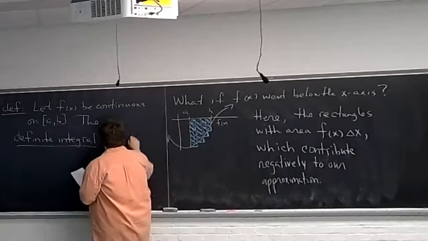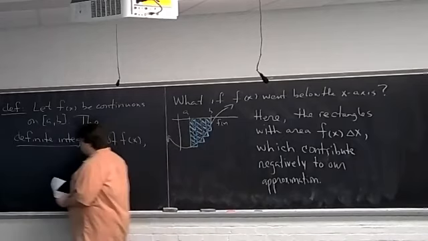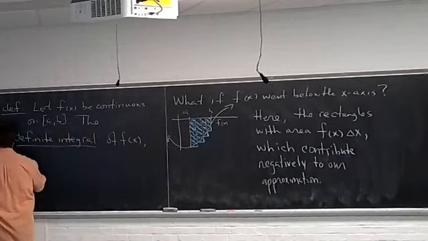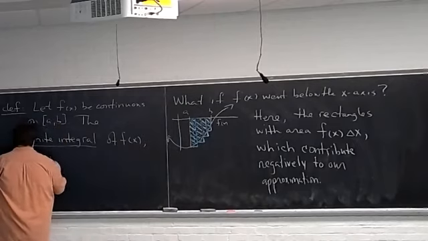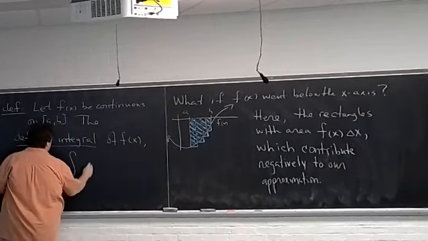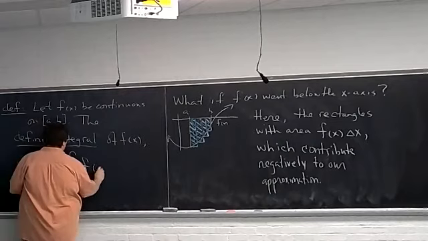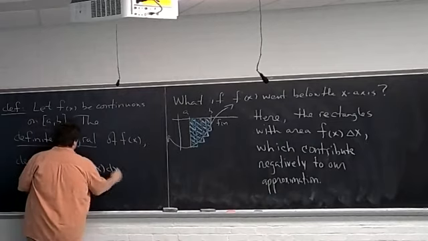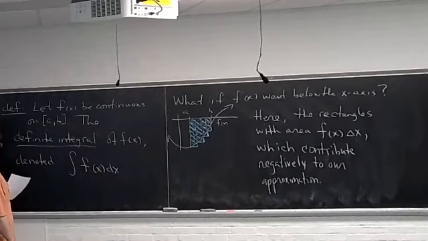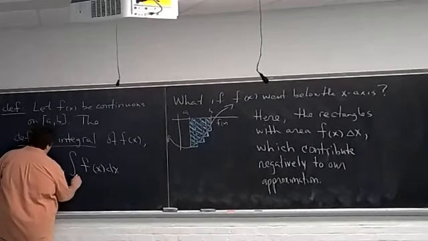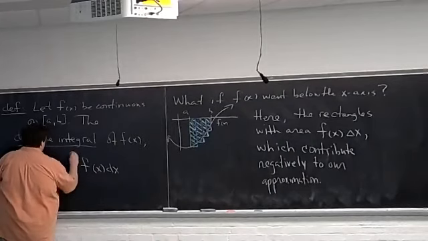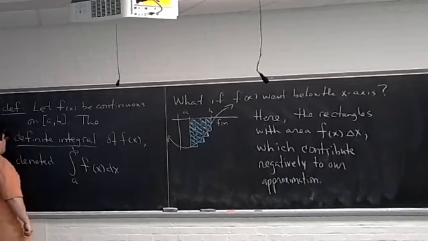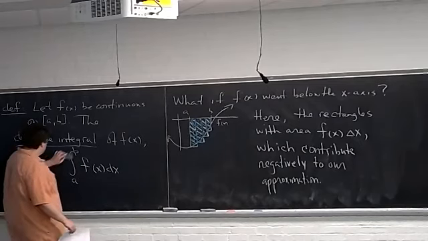The definite integral of f of x, denoted integral f of x with respect to x, looks a lot like the indefinite integral notation, but we're restricting ourselves to the interval a to b. In our notation that will show up at the top and the bottom of our integral sign. B on top, A on bottom, let's write it smaller so it looks less squished.